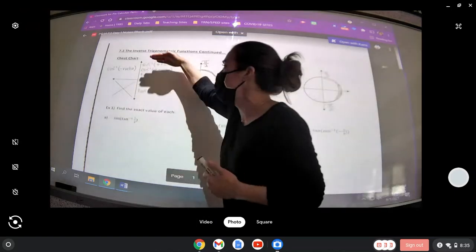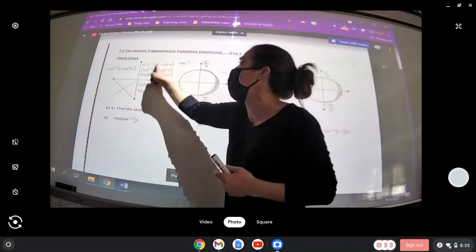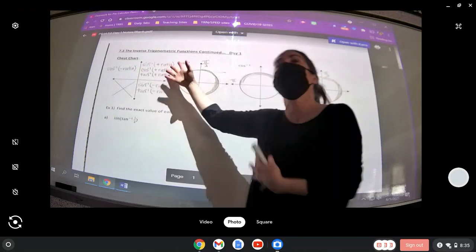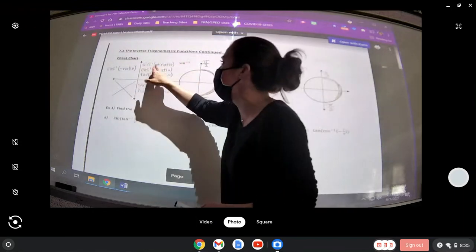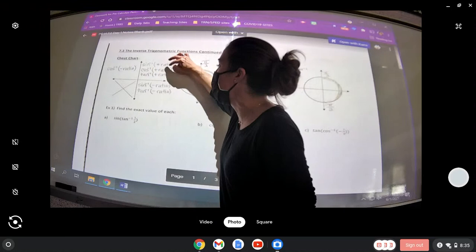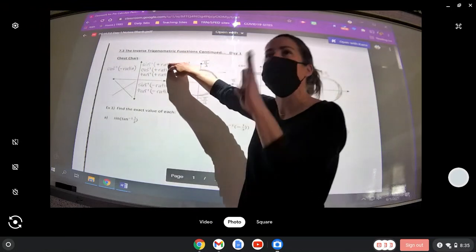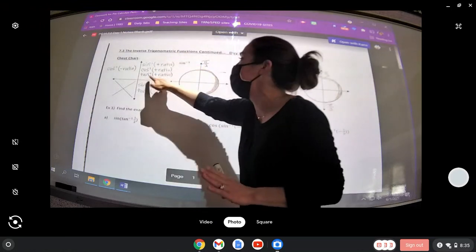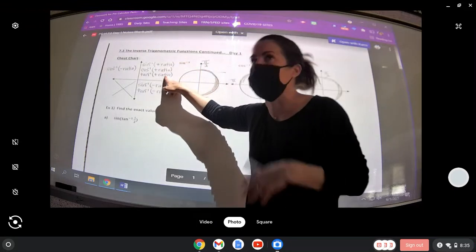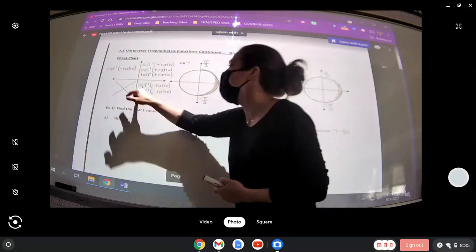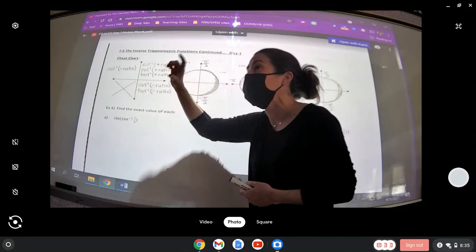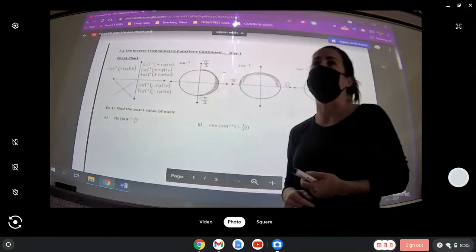We saw if you take the inverse trig function of any positive ratio, it's going to spit out a quadrant 1 angle, right? But remember, the ratio for inverse sine or inverse cosine had to be between 0 and 1. And then you can take the inverse tangent of any positive ratio and get a quadrant 1 angle. If you take the inverse sine of a negative ratio from 0 to negative 1, it's going to be a quadrant 4 angle.